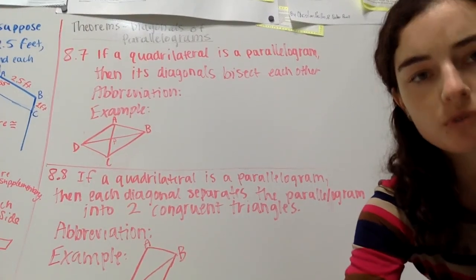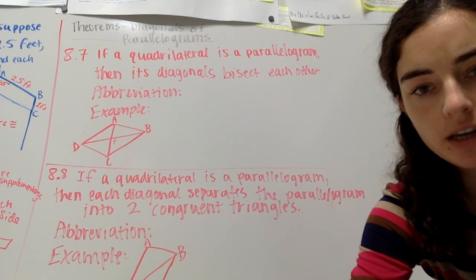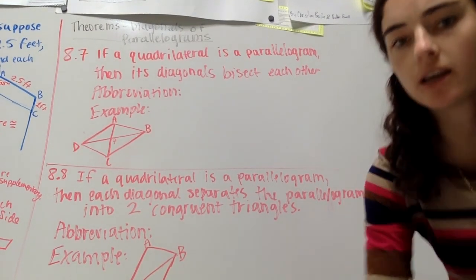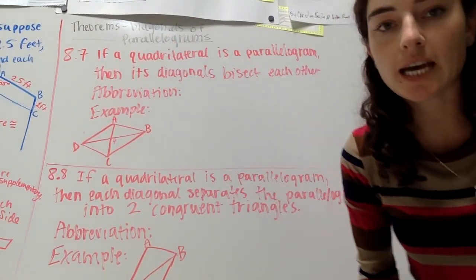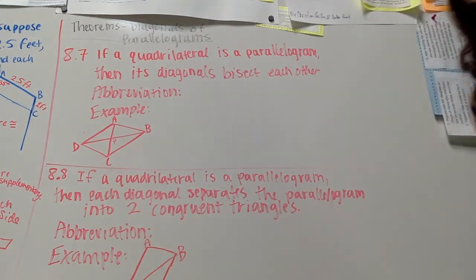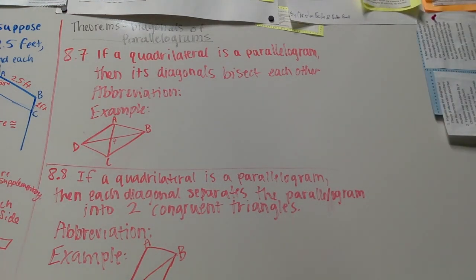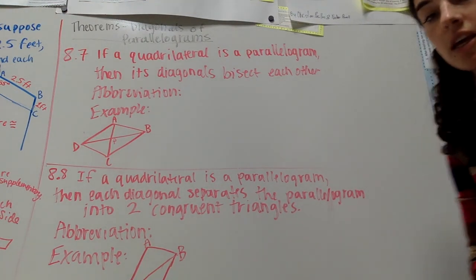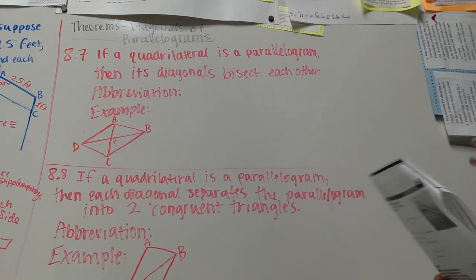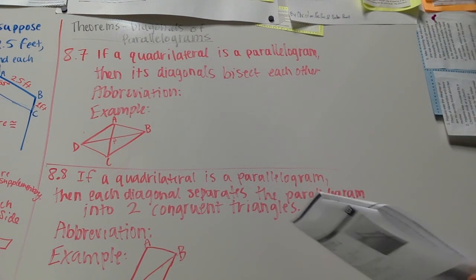Okay, we have two more theorems today. So go ahead and title this theorems diagonals of a parallelogram and start writing these down, 8.7 and 8.8. Okay, 8.7 says if a quadrilateral is a parallelogram, then its diagonals bisect each other.